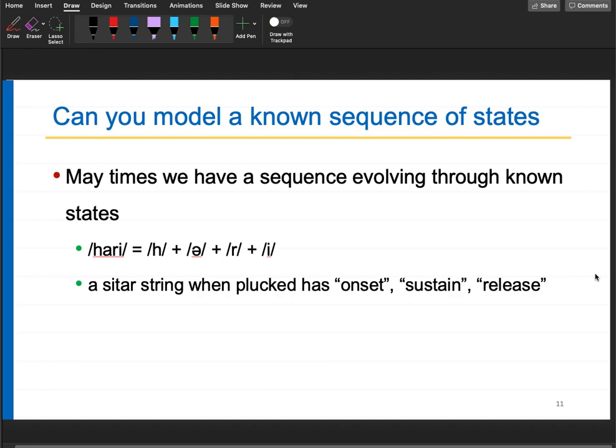Similarly, in our seasons example, what do you know? You know that spring will come, then summer will come, then autumn, then pre-winter, then winter. This sequence is known, the six seasons. It will never happen that summer has come, then suddenly winter came, then monsoon came, then pre-winter came.